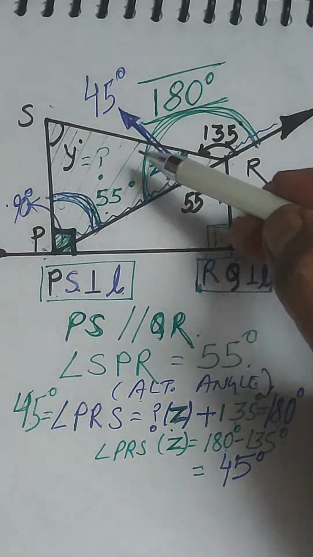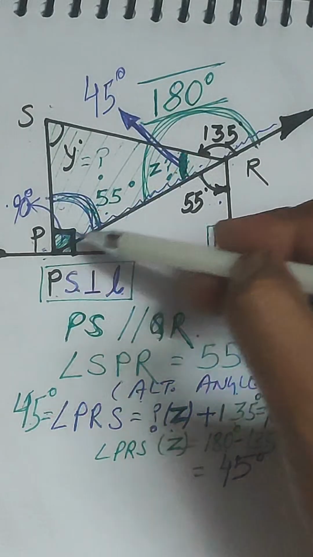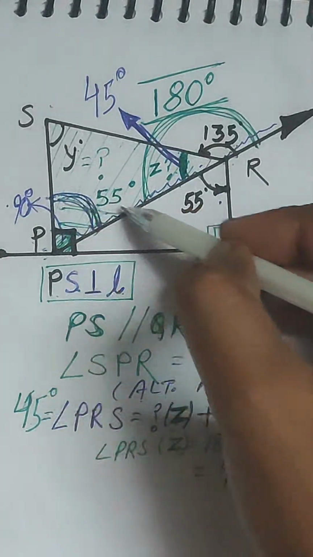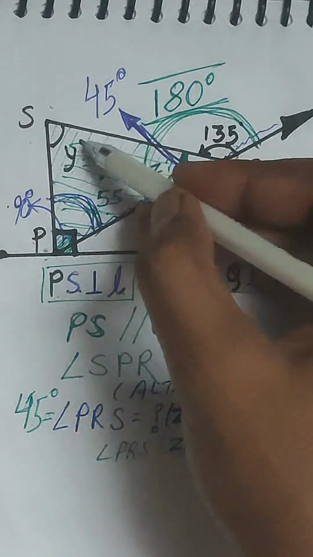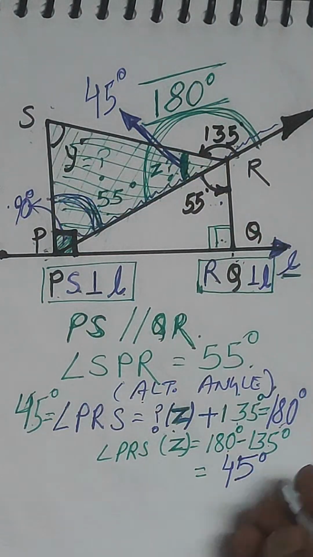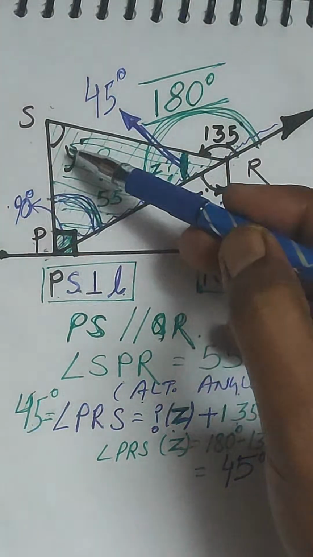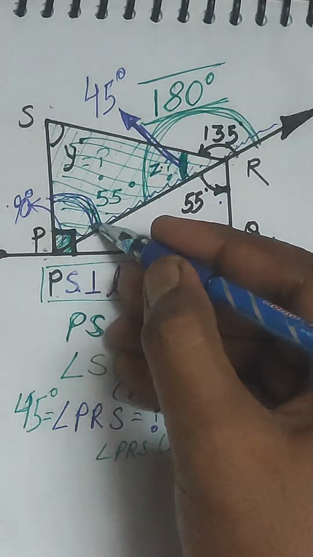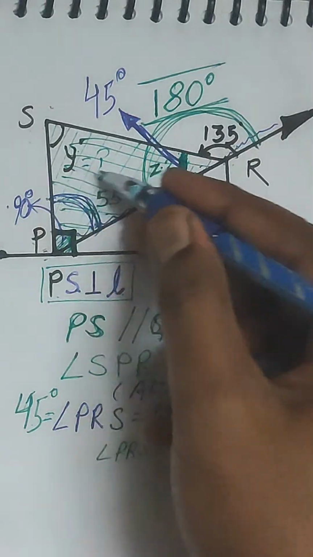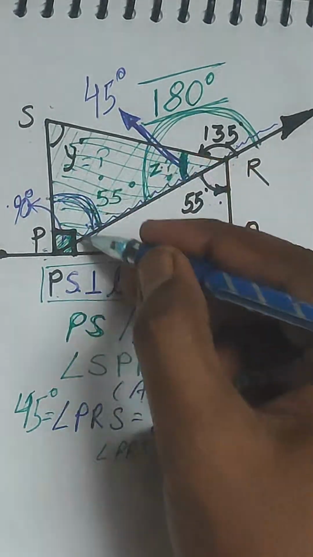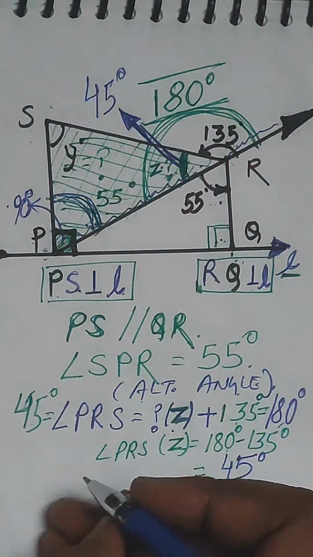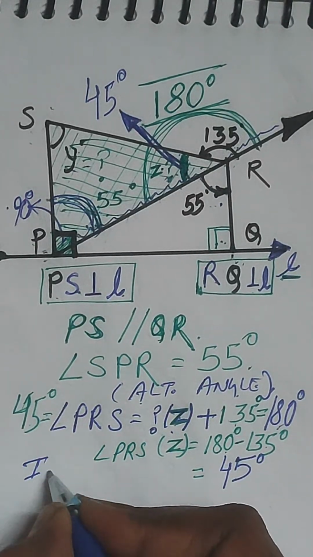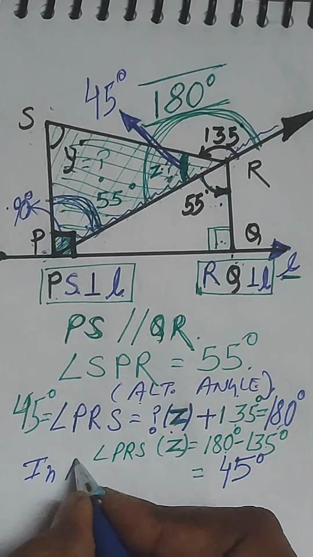Now, triangle PRS being a triangle, can't we write angle Y plus this angle Z plus this 55 degrees, all will add to give you the sum of 180 degrees, because the sum of all angles of any triangle is always 180 degrees.